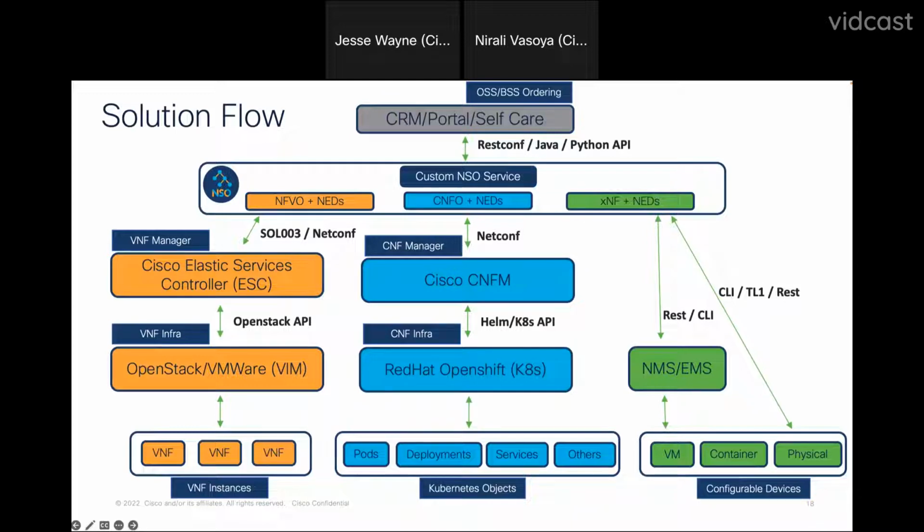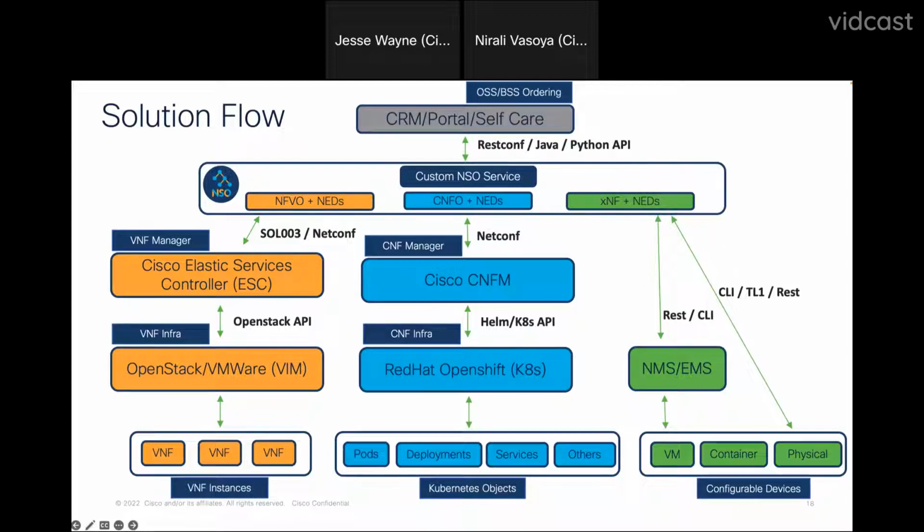So starting from the top, you have a typical OSS BSS system at your service provider, which can integrate with a custom NSO service on NSO via available northbound APIs from NSO. And then under that, you have 3 different function packs.